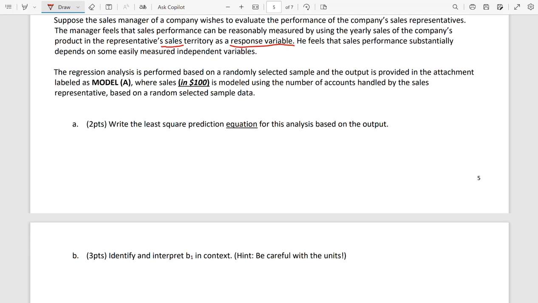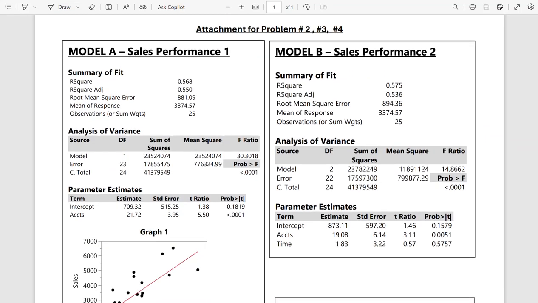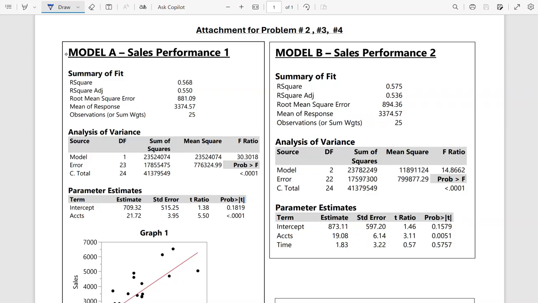So the regression analysis is performed based on a randomly selected sample, and the output is provided in the attachment labeled as model A. So let's look at model A, right? So this is the model A. From model A, what can you see?